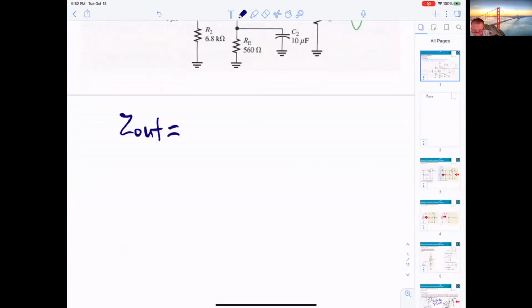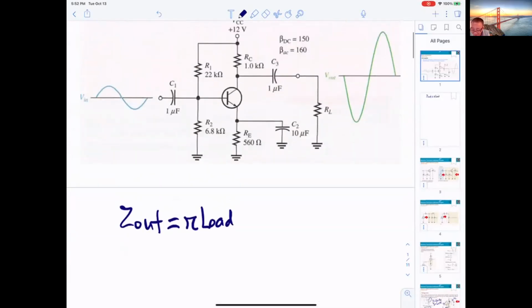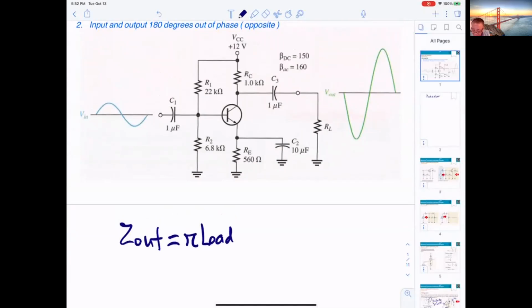Some books say Z out, some books say load. Doesn't matter. That means they're talking about the resistance looking into the output. In this case, what does the load equal? RL. We're talking about AC, okay? Who can tell me?